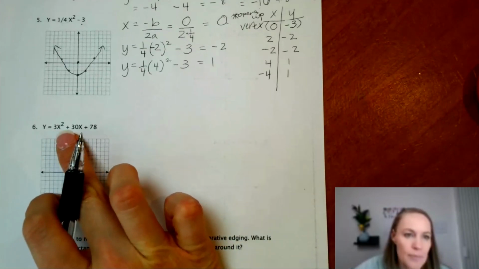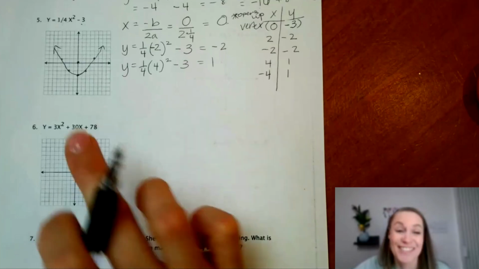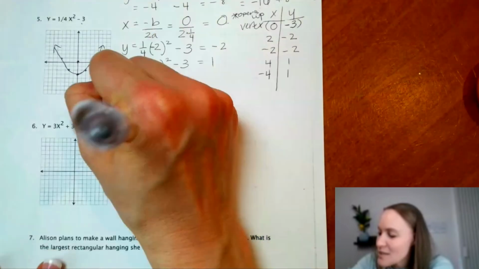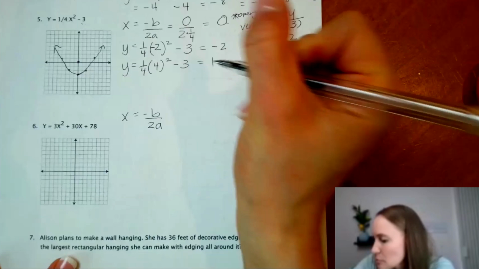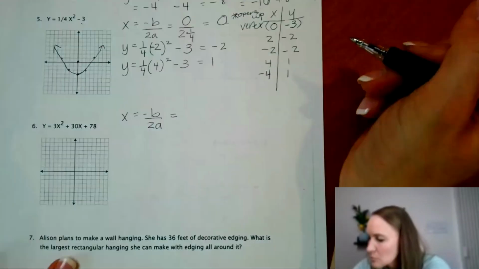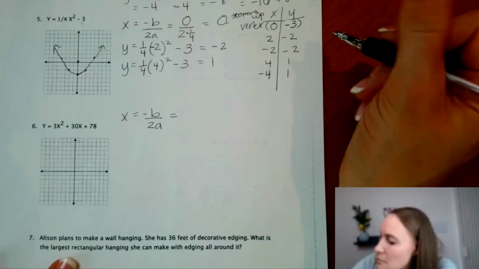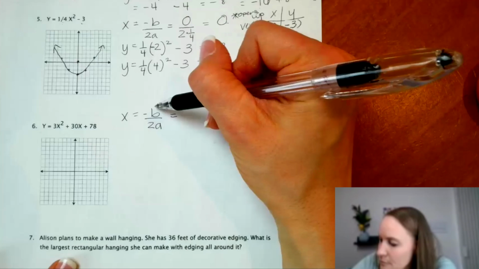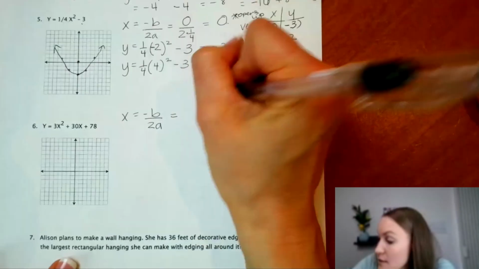3x squared plus 30x plus 78. Wow. All right, let's go ahead and find the vertex. X equals negative b over 2a. Our b value is 30, so it's negative 30.